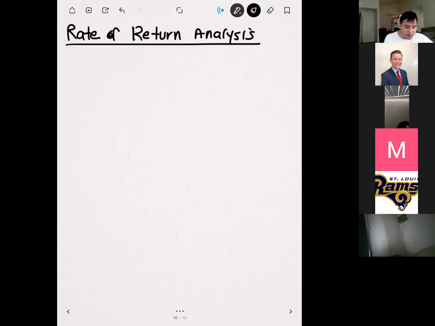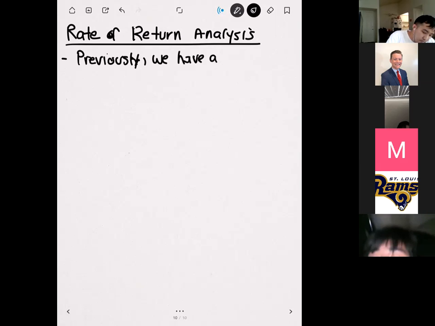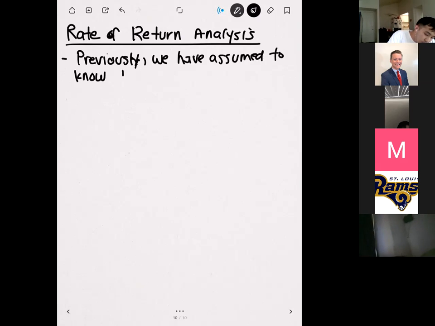of the family. Because up to this point, for every single problem that I've given you so far, we've always assumed that we know the interest rate. This was always given to us in the problems that we did.